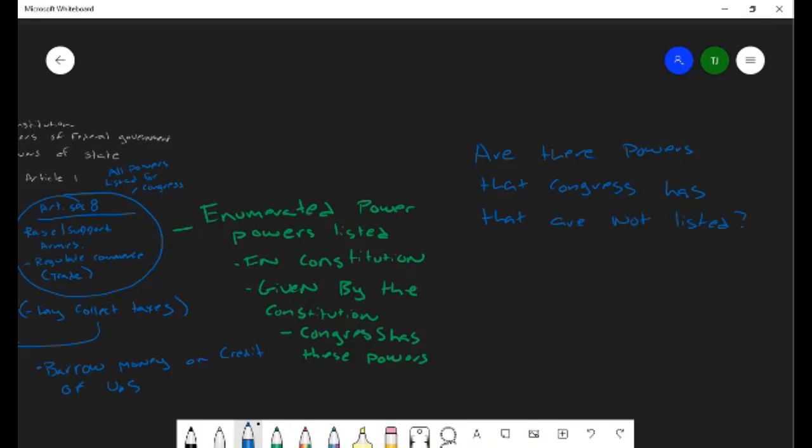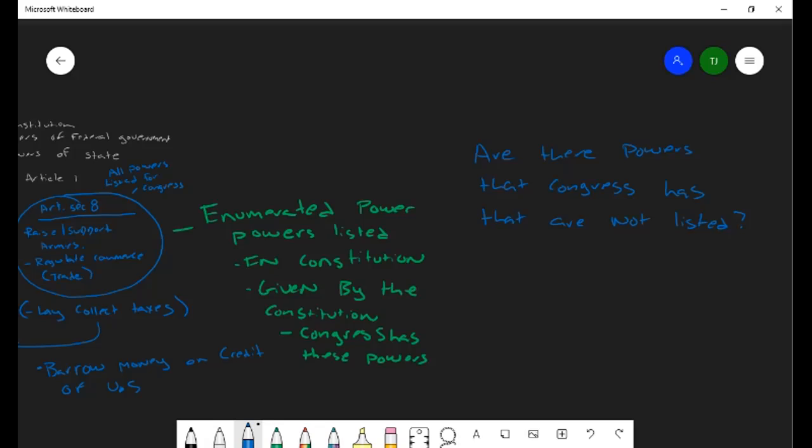Okay, are there powers that Congress has that are not listed in the Constitution? Marcos, what do you think? Perhaps. Okay, perhaps. Okay, Engelbert, what do you think? Okay, so it's really not stated in the Constitution, but they have that power to kind of do that.